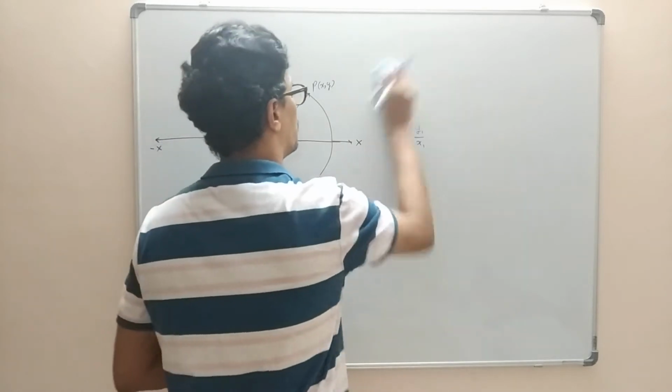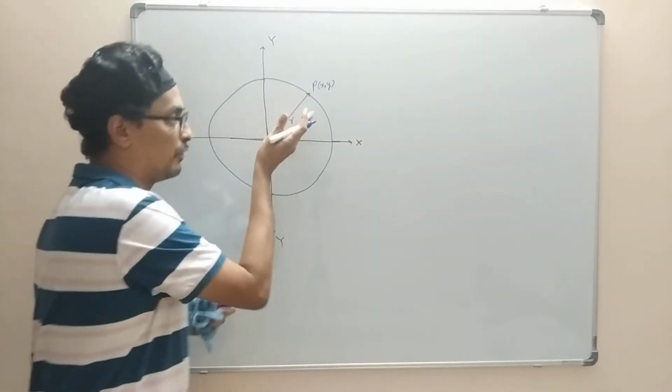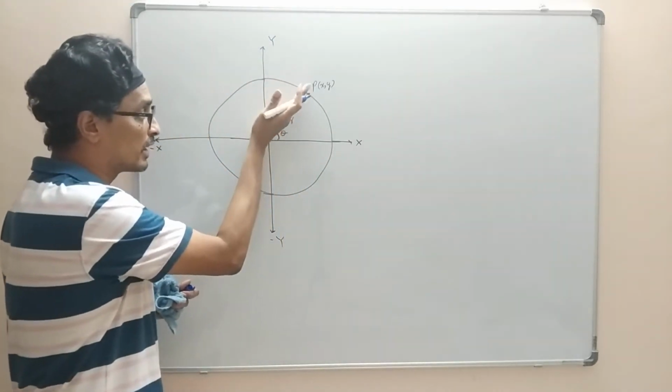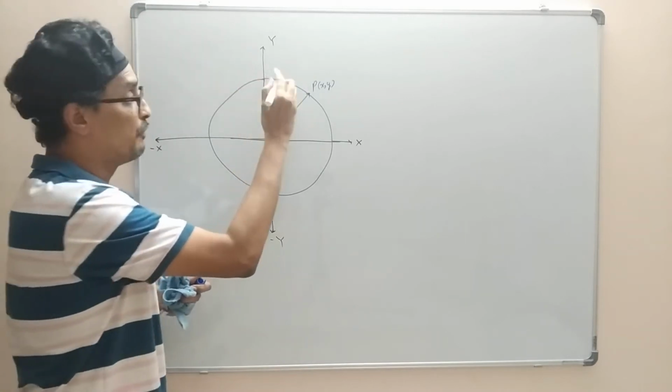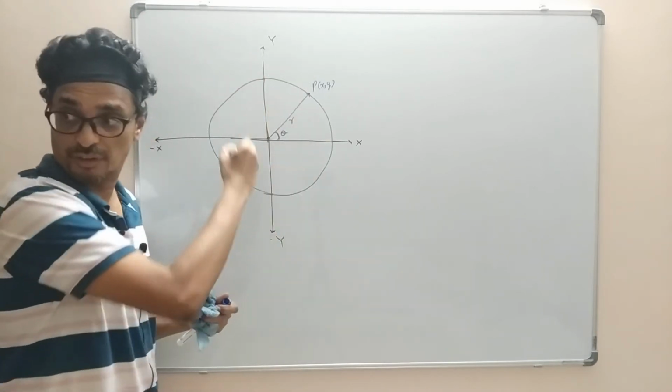If I take any point on the circle, every point is going to have a different x and y.